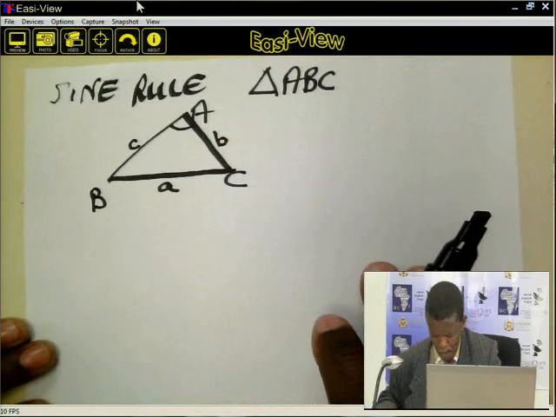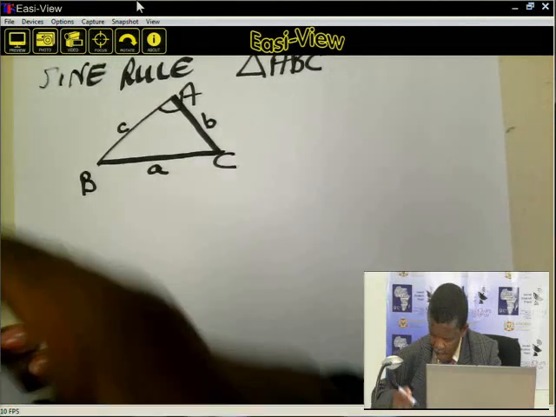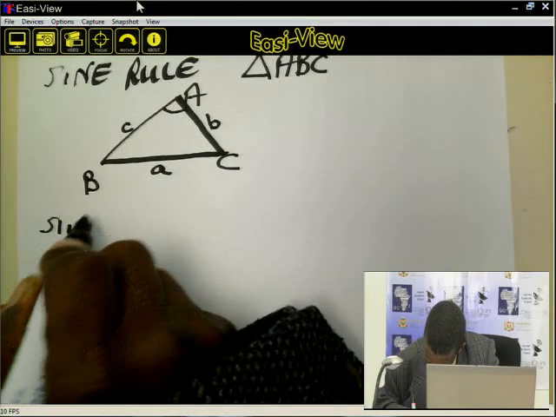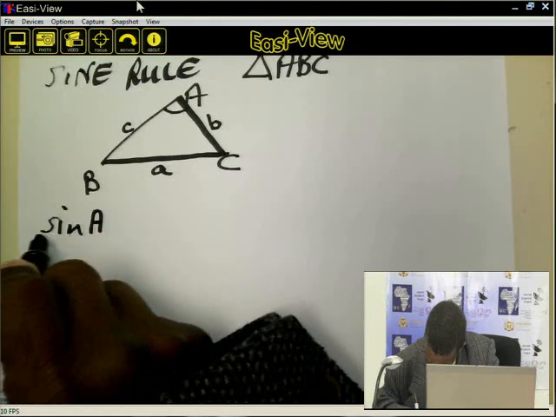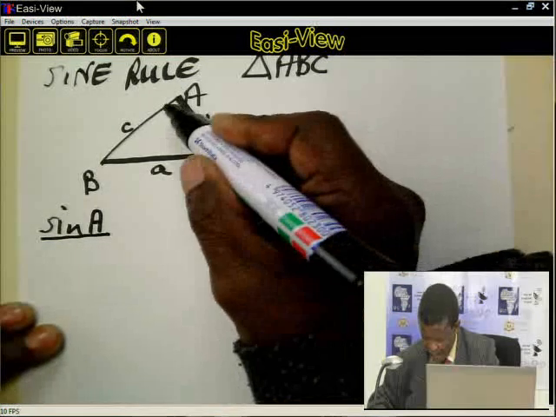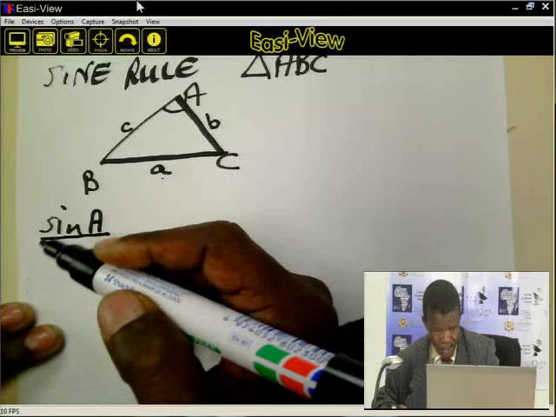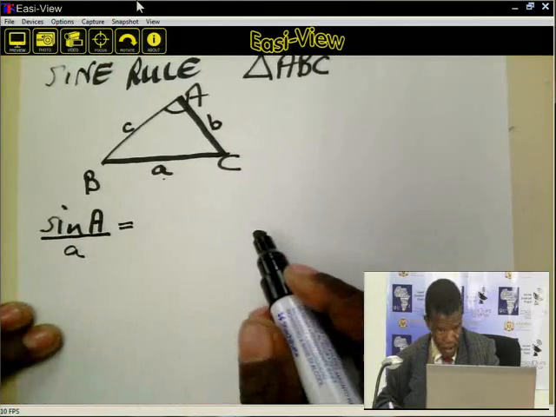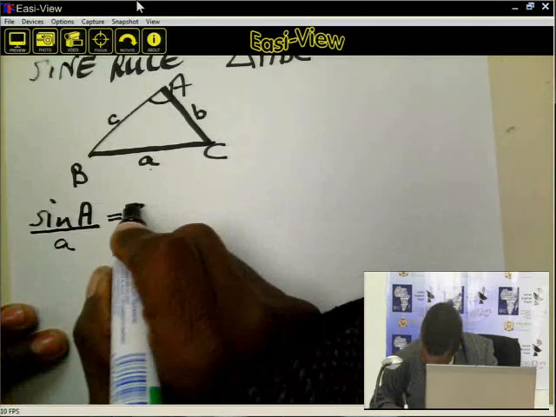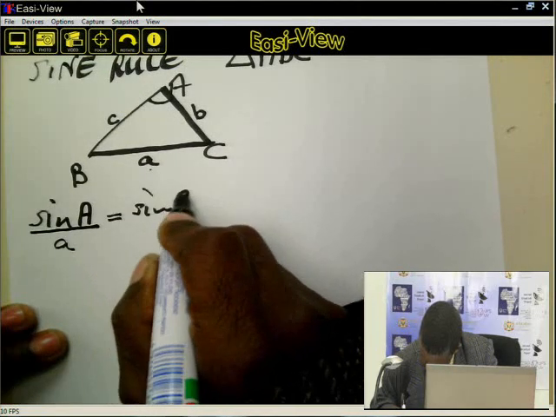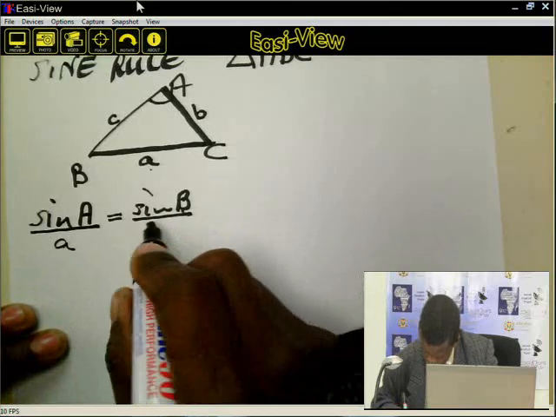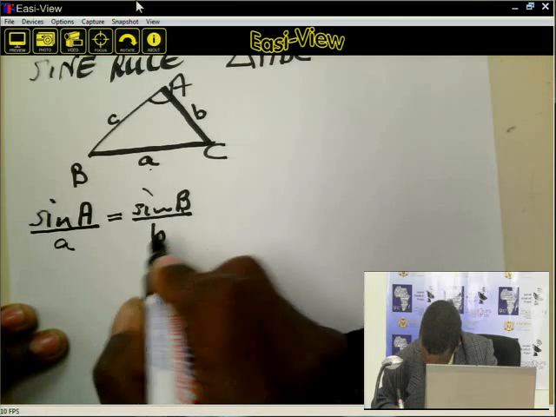But what does the sine rule say? It says choose any angle. Let's choose A. Determine its sine. Put it over the side opposite that angle. It is equal to, in the triangle, the sine of any angle that you prefer to choose divided by the side opposite it.